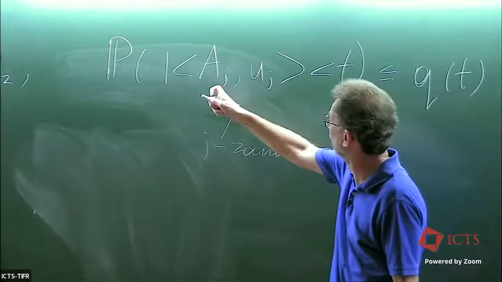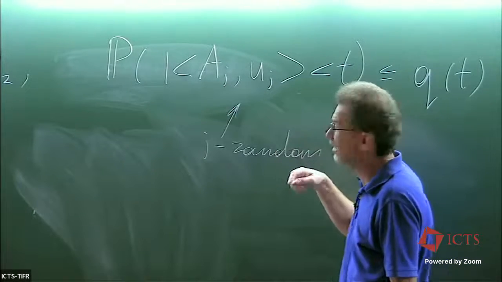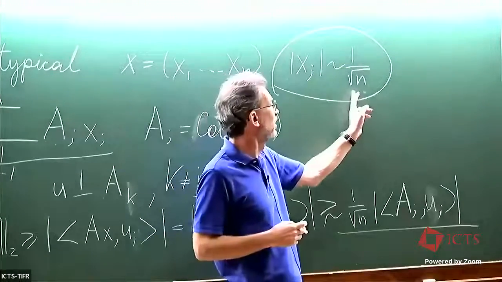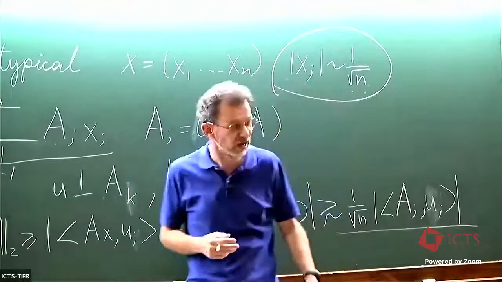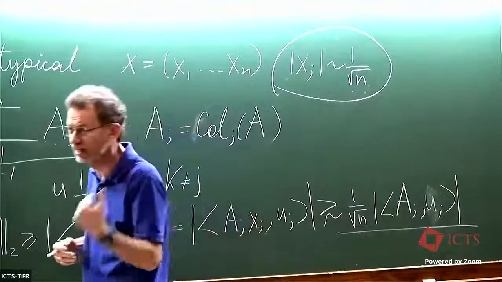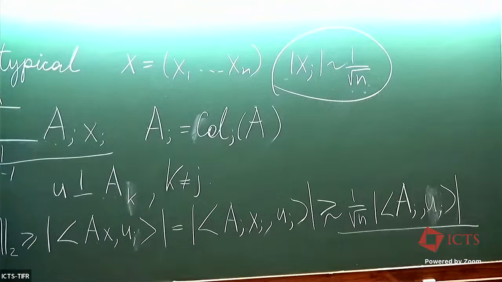So this probability actually doesn't depend on j. And as long as I know that a random coordinate j satisfies this bound, of order 1 over square root of n with constant probability, I am in good shape. I can carry this argument through.